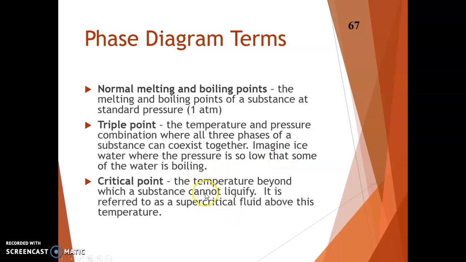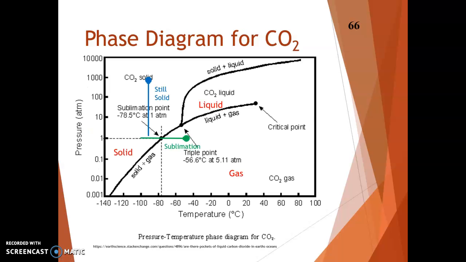And the critical point is the temperature beyond which a substance cannot liquefy. The substance is referred to as a supercritical fluid beyond this point. So there was the critical point on the carbon dioxide diagram. Some sources report the supercritical fluid as being everything to the right of that temperature.